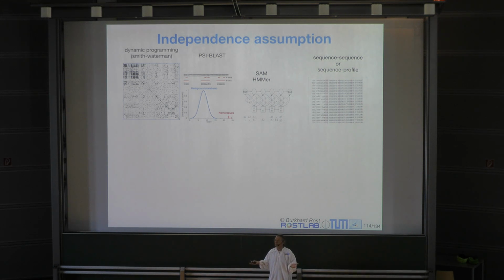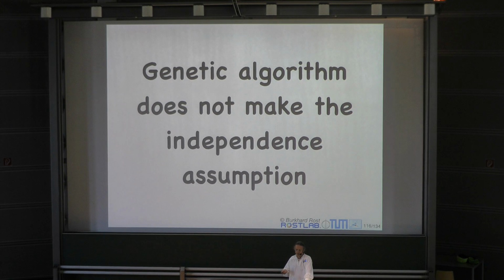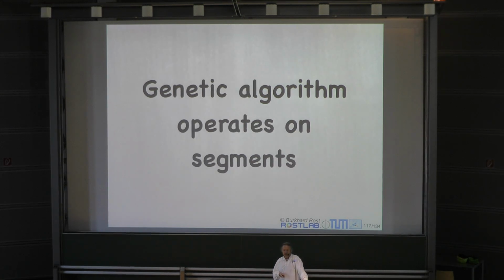In real life, in real proteins, that is not true. So 99% of what people do in their alignments assumes that I and j are independent, and they are not, and it works very well. The only method that really allows us to drop this assumption is the genetic algorithm, because it operates on segments.